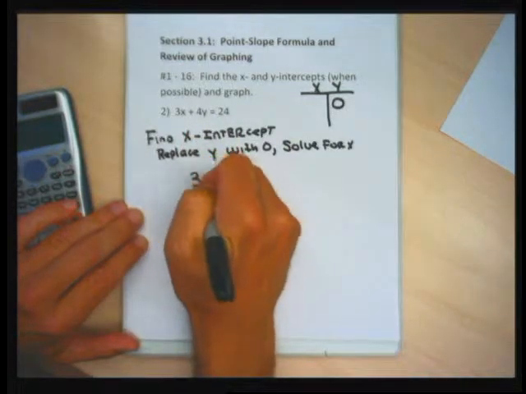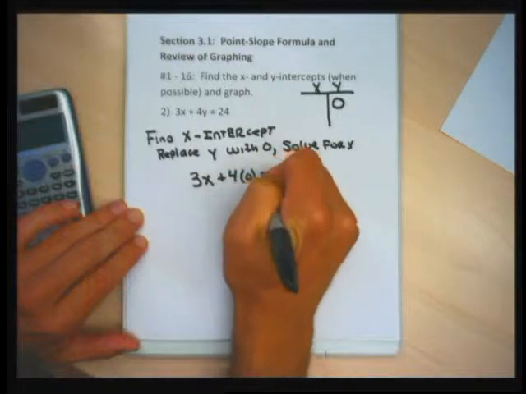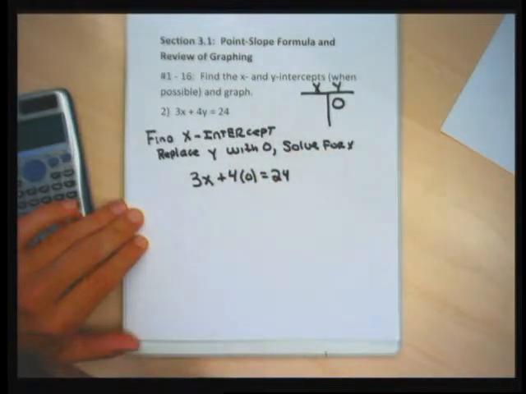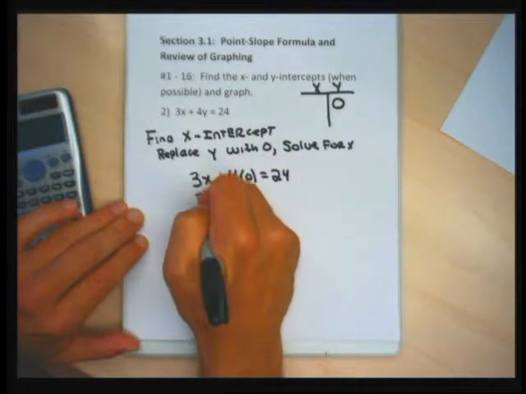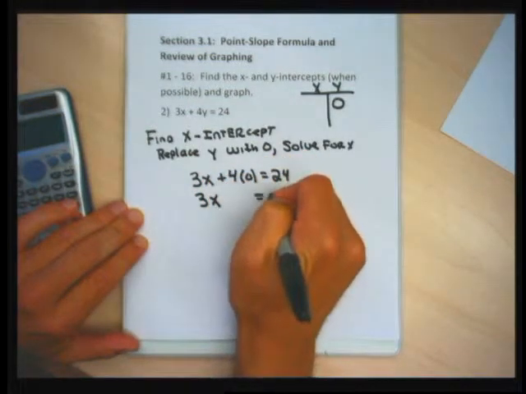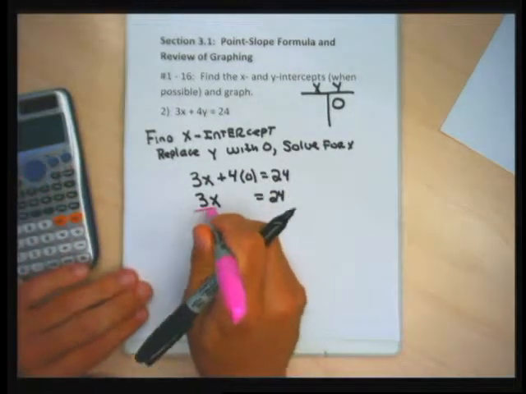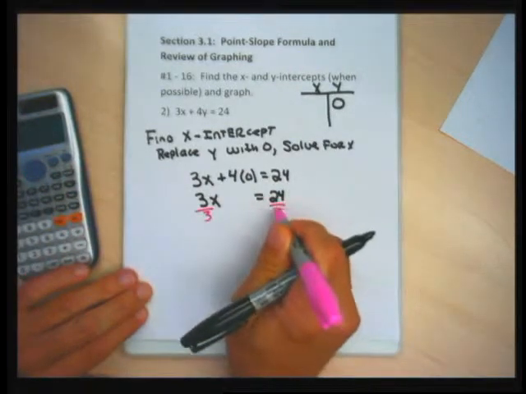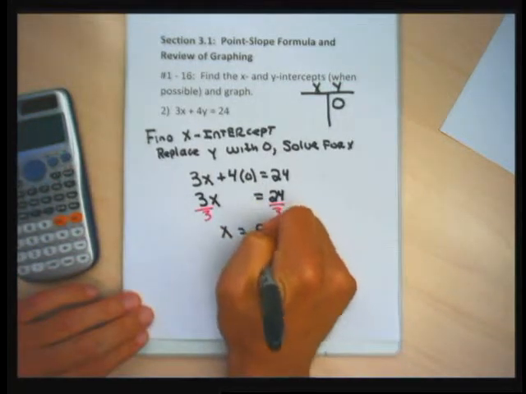I'm going to go 3x plus 4 times 0 equals 24. Do the algebra here. This piece zeroes out. This gives me 3x plus 0 equals 24 because 4 times 0 is 0. Now I'm just going to divide by 3. And I'm going to get x equal to 8.